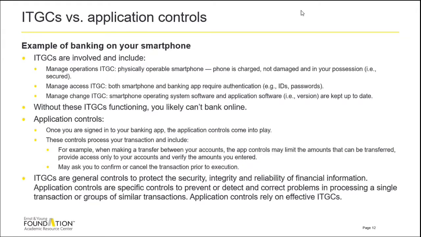Manage access: both the smartphone and banking app require authentication, ID, password, Face ID, fingerprint, passcode. Manage change ITGC: smartphone operating system software and application software are kept up to date. So without these ITGCs functioning, you likely can't bank online.